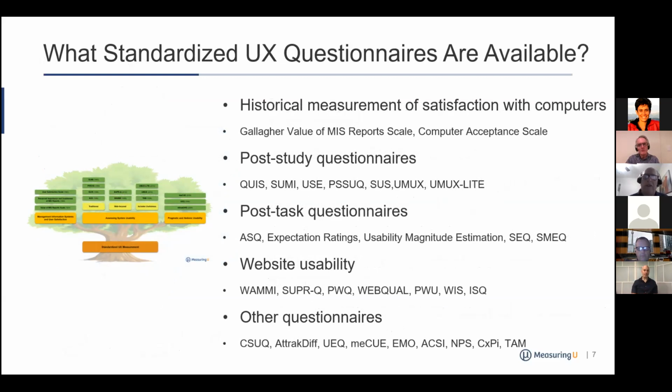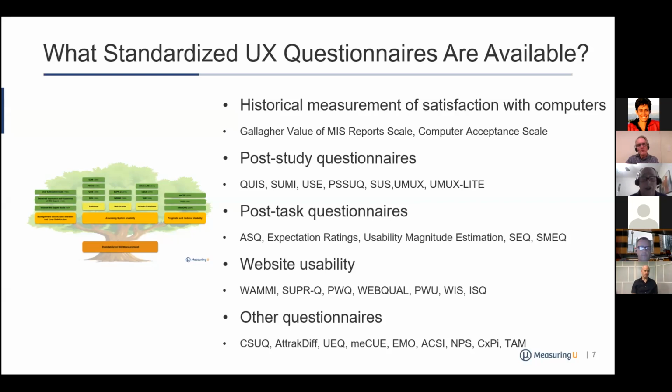Rolling more into the 1980s, mostly the latter half of the 1980s, you began to see some questionnaires pop up that were specifically designed for use at the end of a usability study. So that's the QUIS, the SUMI, USE, PSSUQ, SUS, UMUX, and UMUX-LITE. Some of those latter ones you may not be familiar with. That's actually part of what we're going to be talking quite a bit about today.